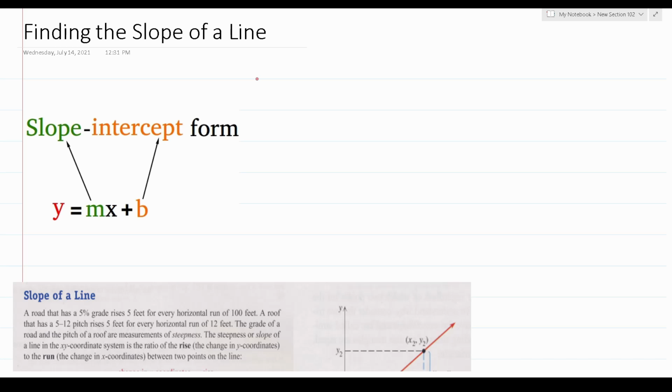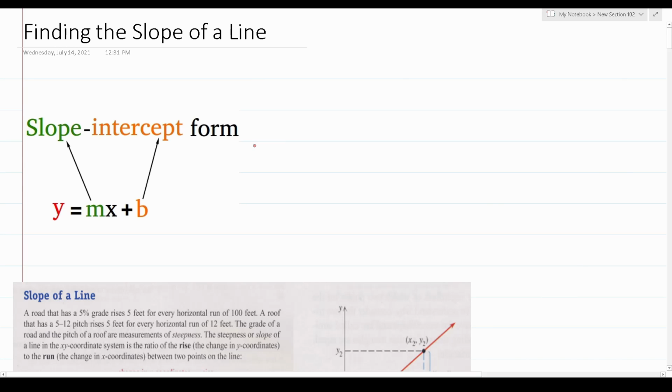If you go to my website and actually download a copy of that reference sheet, you'll see that the very first formula on the very first page is in regard to finding the slope of a line. So again, memorize those formulas from my reference sheet because you're not allowed to use a reference sheet or a calculator on the actual test. So all that being said, let's go ahead and get started with today's video.